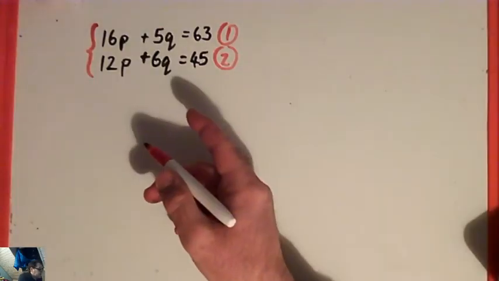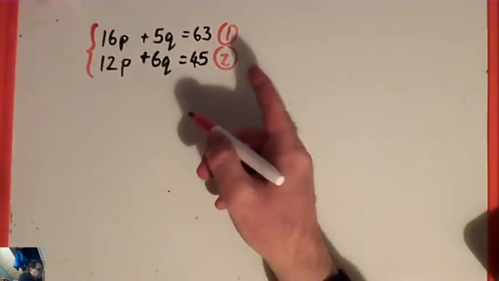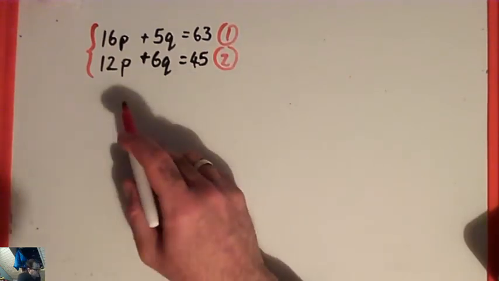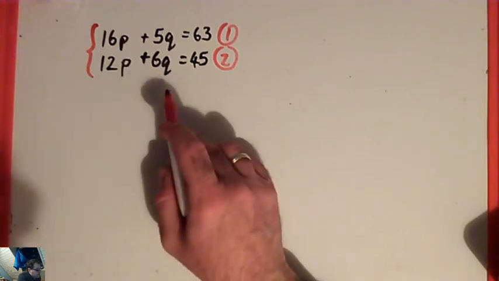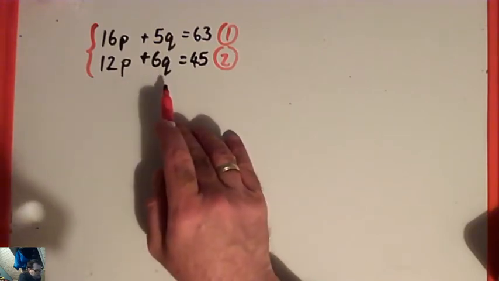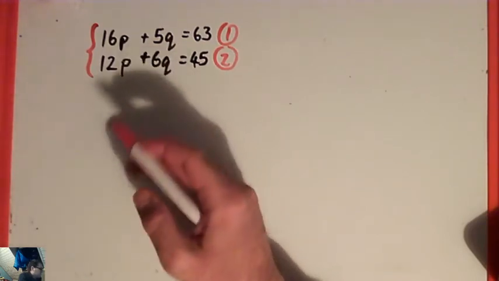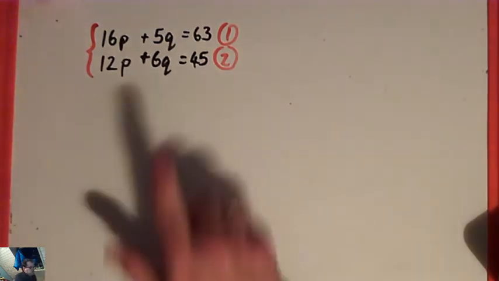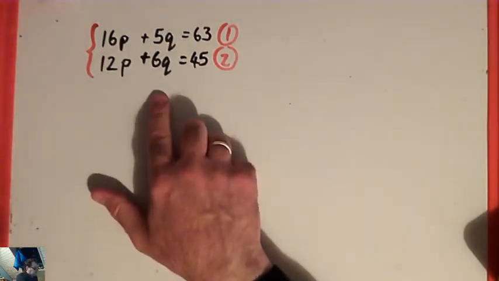So there's the next question. Equation 1 and equation 2, I've labelled them. So I can either make the p's the same or make the q's the same. Normally I'd make the p's the same. I notice the q's are slightly smaller numbers, so that might be a little bit easier. So for a change, I'm going to try and make the q's the same.